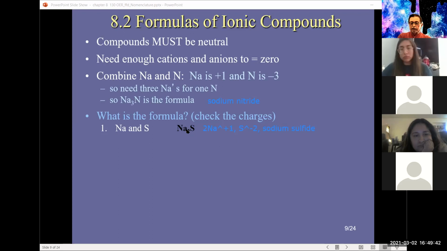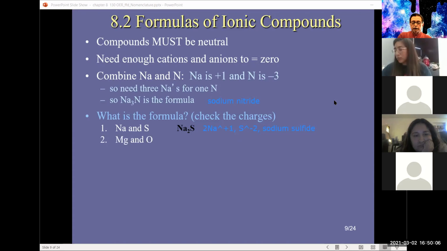Because if I forget the charge on the sulfide, I can remember sodium's in group 1. It's a +1, and there's 2 of them. So that infers that sulfur has become a -2 for the sulfide. Okay.